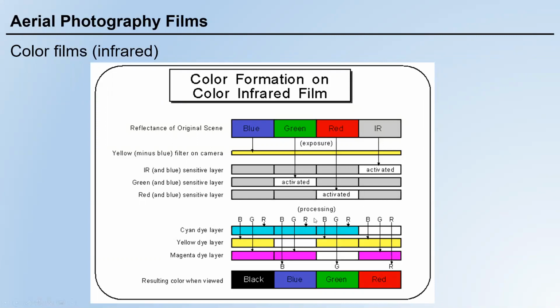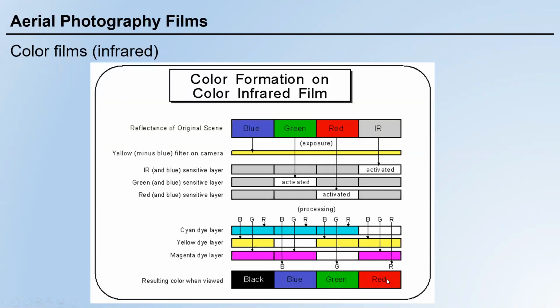Okay, so there are no blue objects, or we should say that blue objects in the real world are black objects in your color infrared image. If you find a blue object in your color infrared image, in the real world its color is green. If you find something green in your color infrared image, it is actually red in the real world.